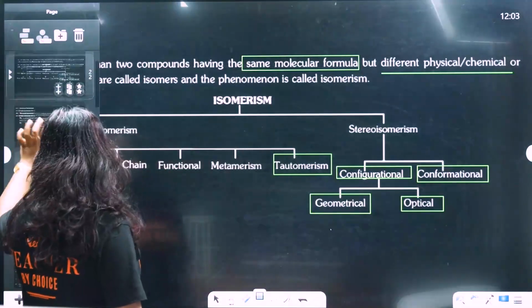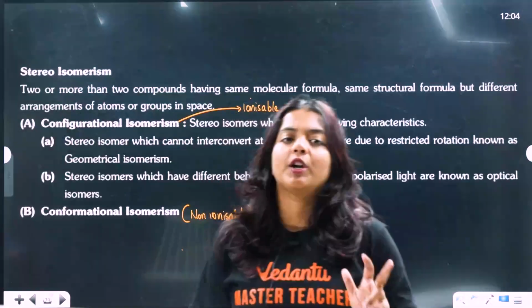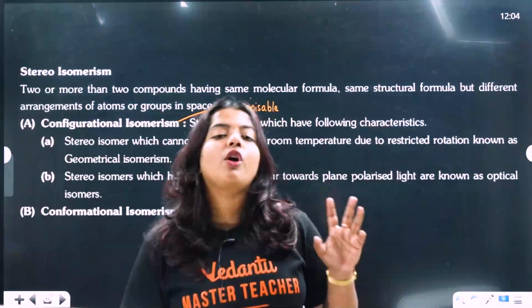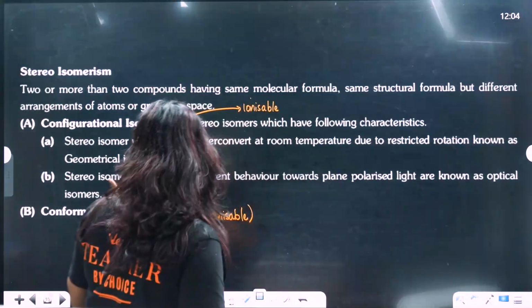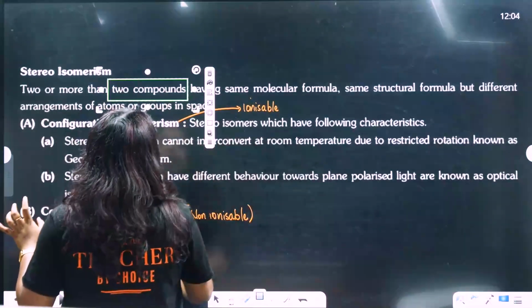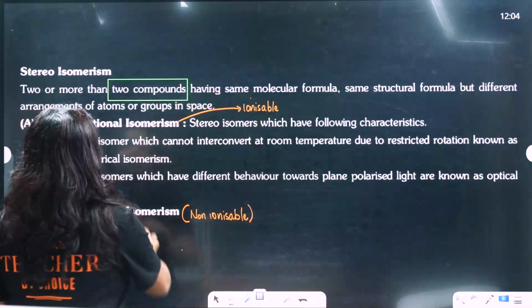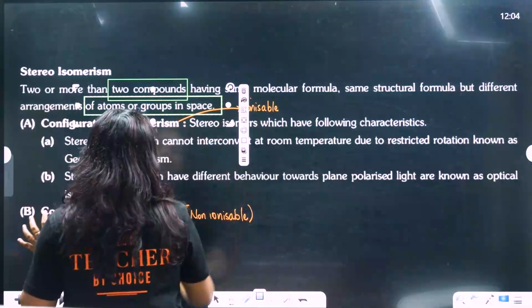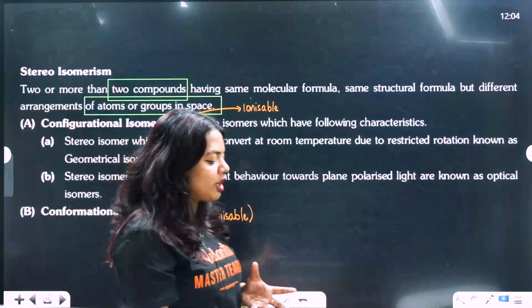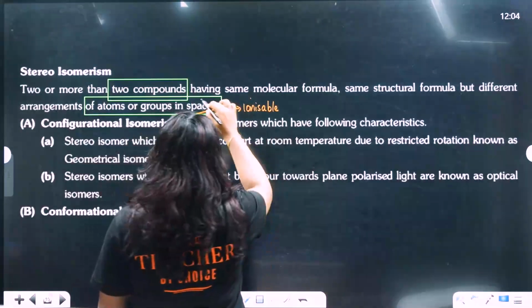Now comes stereoisomerism. We are going to see how to identify stereoisomerism. Two or more compounds having the same molecular formula, the same structural formula, but different arrangements of the atoms or groups in space. In stereochemistry, they have a different spatial arrangement.